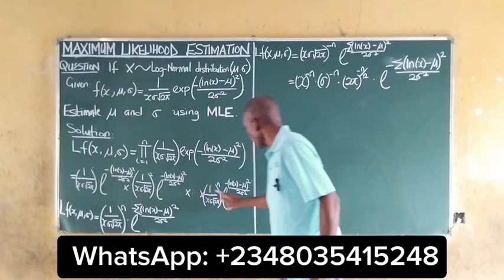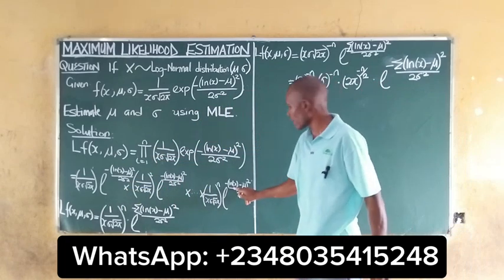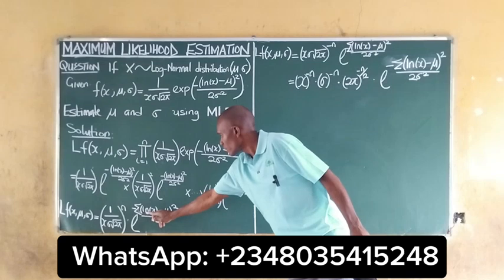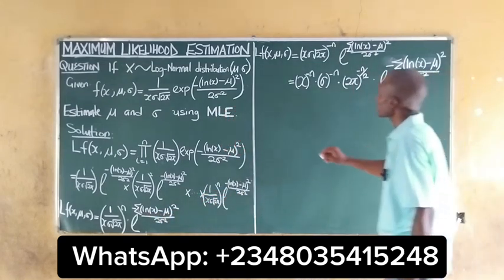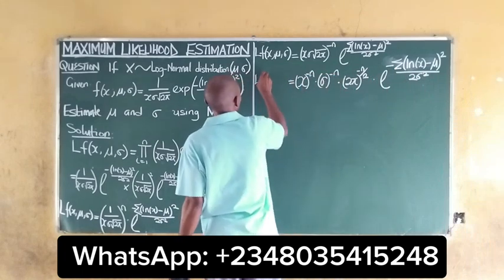So if we take the sum of all of these, because of this x value, we get summation of ln x minus mu raised to the power of 2. So this is what we get to be our likelihood function.